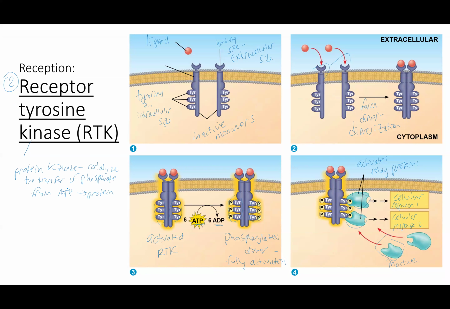So it's a generic term. When we talk about a protein kinase, it's taking the phosphate group from an ATP and attaching it to a protein. A receptor tyrosine kinase is a specific kind of protein kinase.